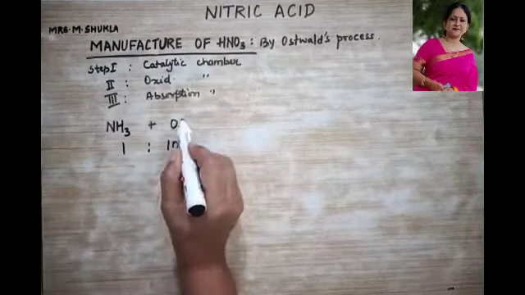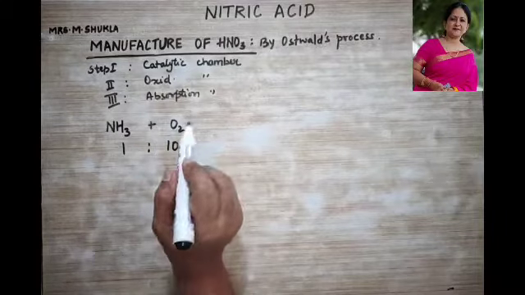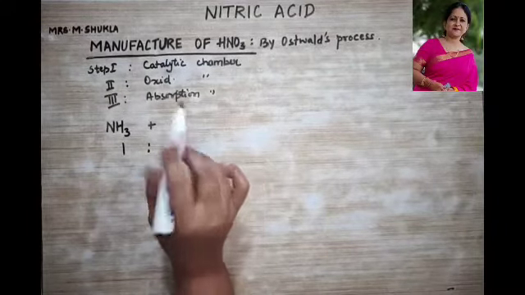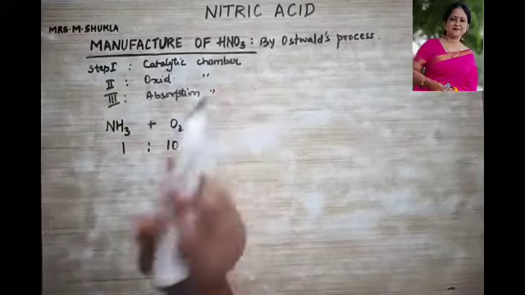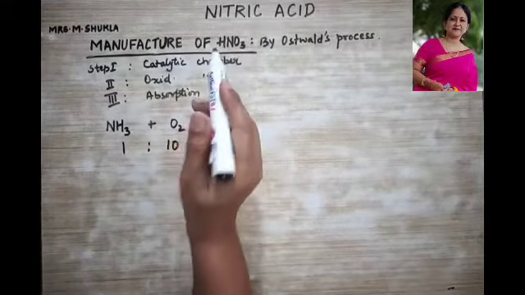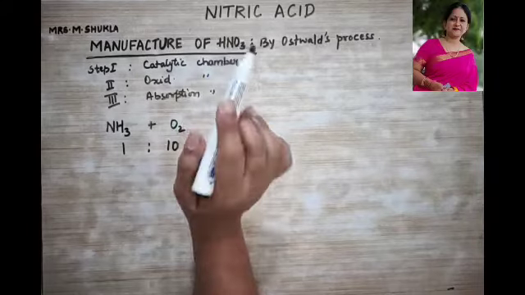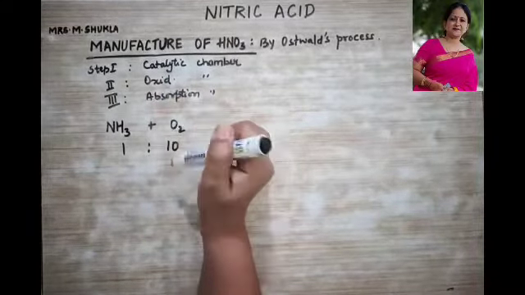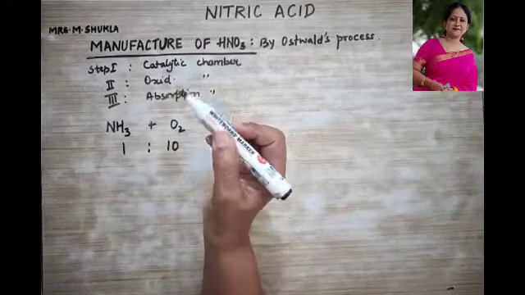Now coming to why the ratio of oxygen is so high. Because air is used in all the 3 different chambers, right? For the manufacture of nitric acid, this oxygen is used in the catalytic chamber, in the oxidation chamber and also in the absorption chamber.